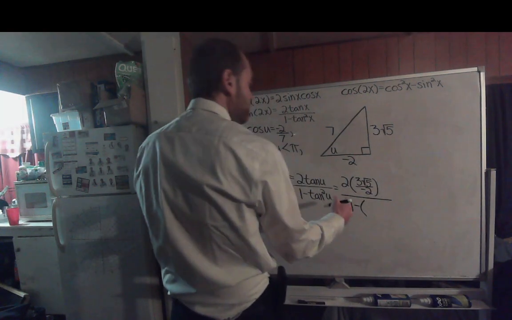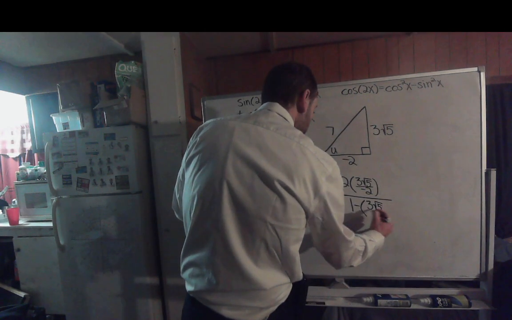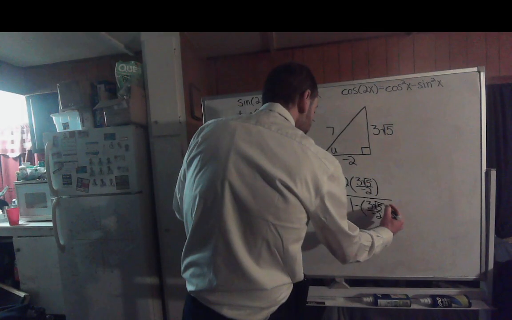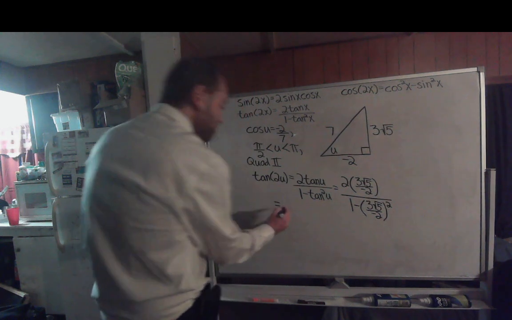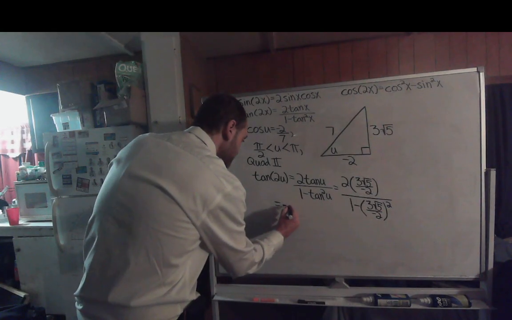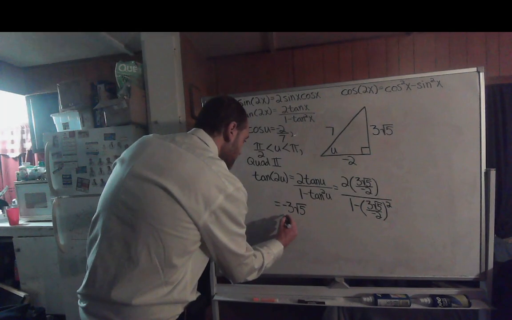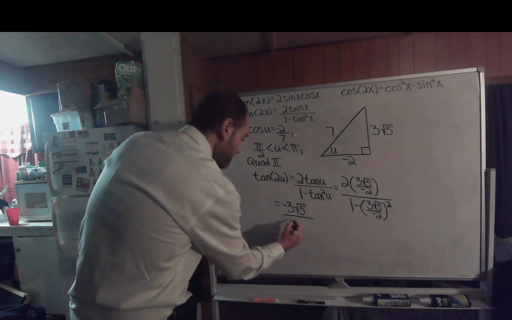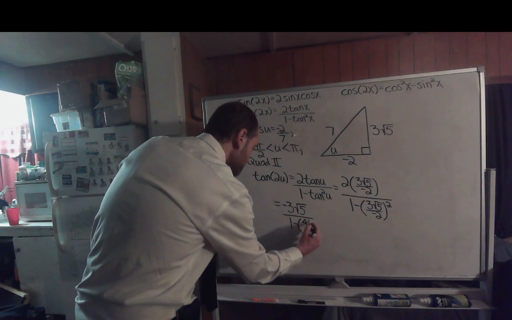So that would be 3 times the square root of 5 over negative 2, but you square that. So in the numerator, that simplifies into negative 3 times the square root of 5. All over the denominator would be 1 minus 45/4.